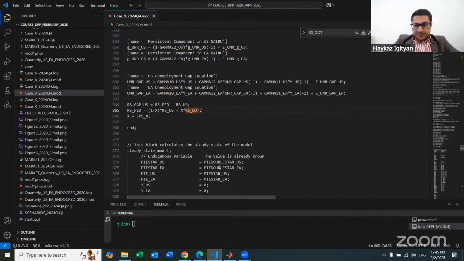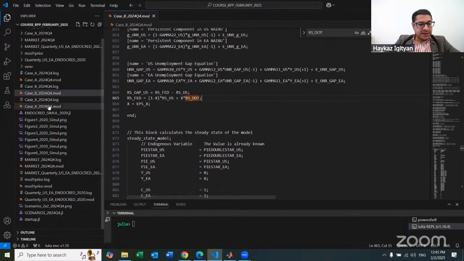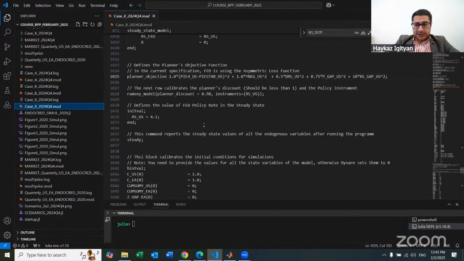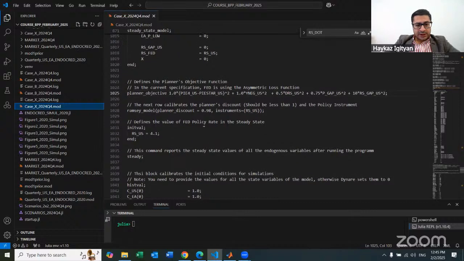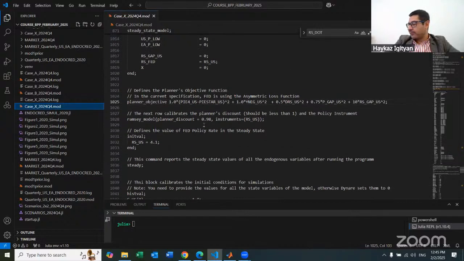Okay. So for case X, the idea is that the Fed is following the market reference scenario, and then in a quarter or two quarters, it recognizes that the underlying inflationary forces are higher, and it's missing it.